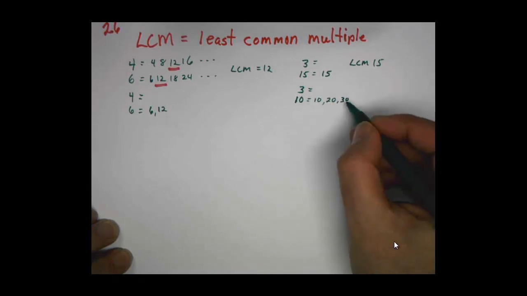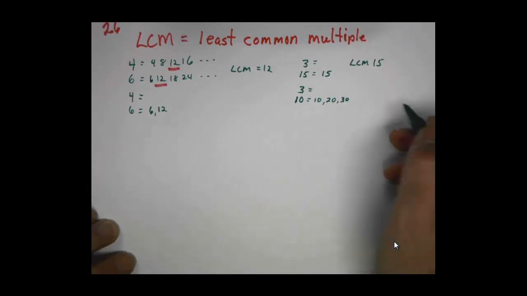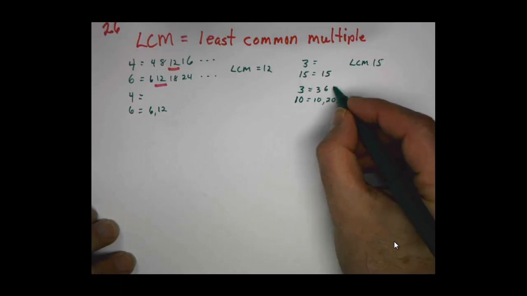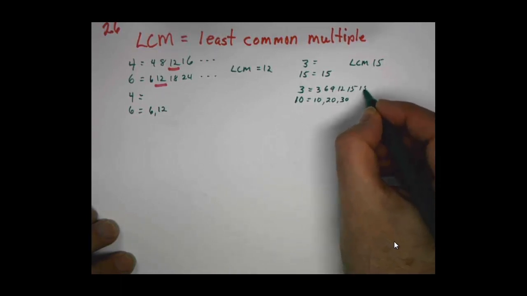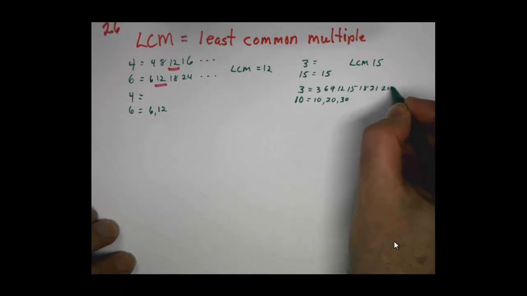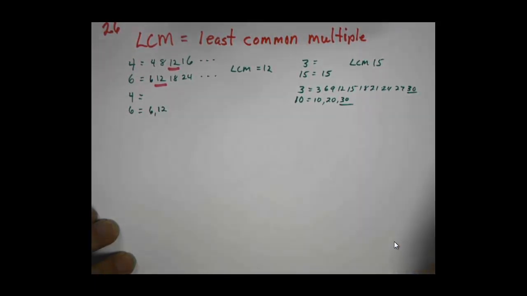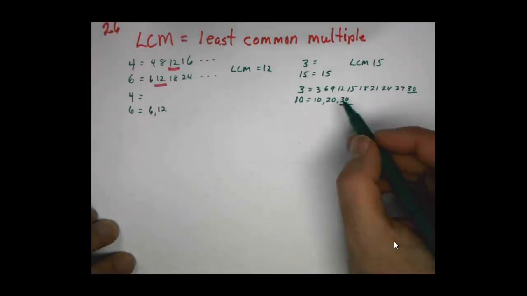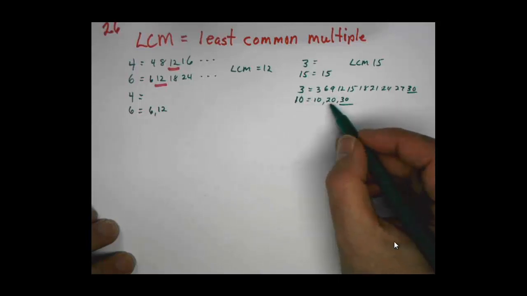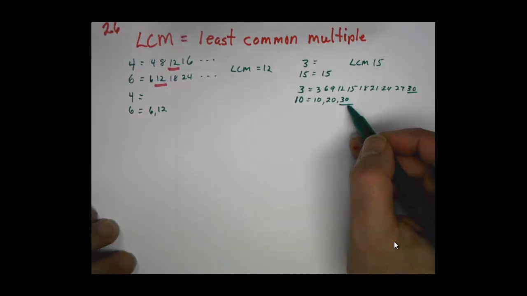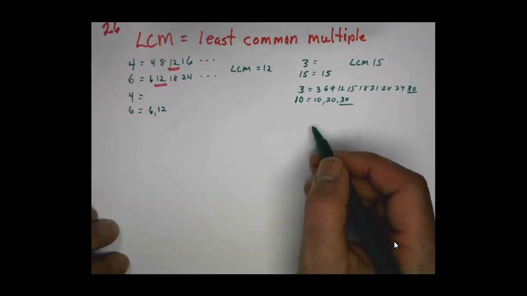Does 3 go into 30? Yes. So we could have written 3, 6, 9, 12, 15, 18, 21, 24, 27, 30. We could have done that. Or we just start checking the larger multiple and seeing if the smaller number will go into that number as a factor of. So a couple of different methods.